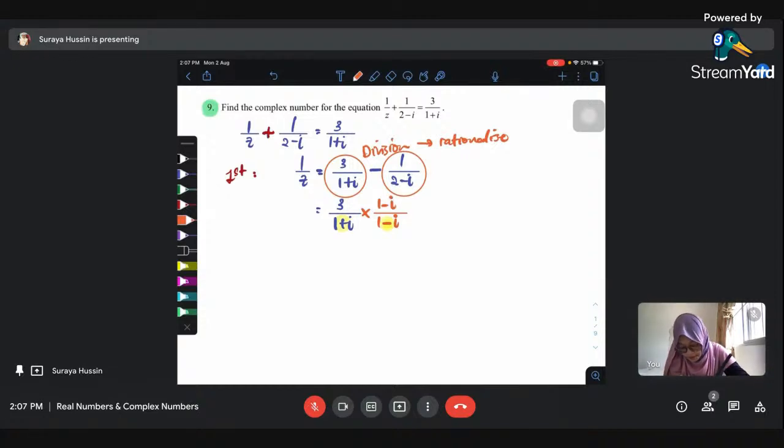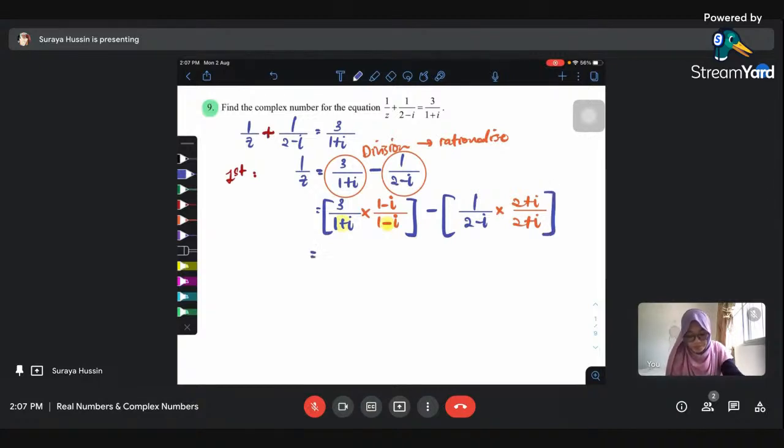Alright, so I believe you have understand this quite well. And then tolakkan dengan lagi satu term. And then this is where you have to understand, ini adalah cara nak dapat markah penuh. Cara nak dapat markah penuh adalah begini.